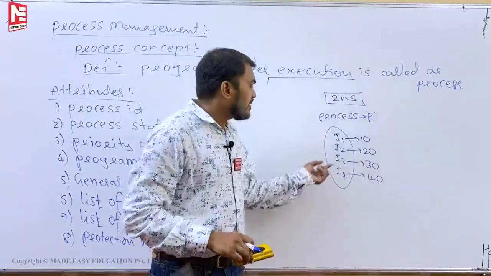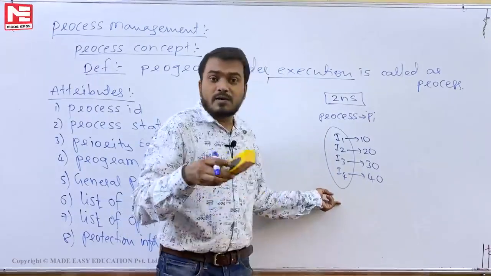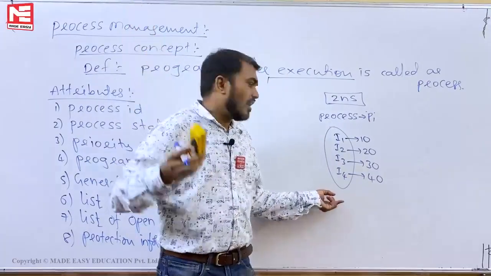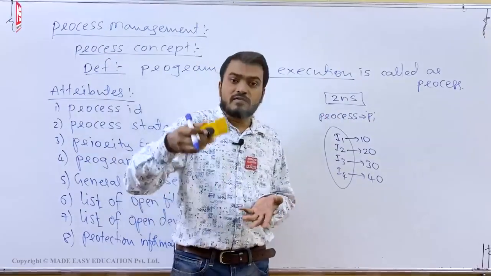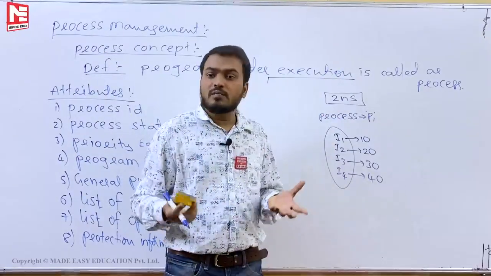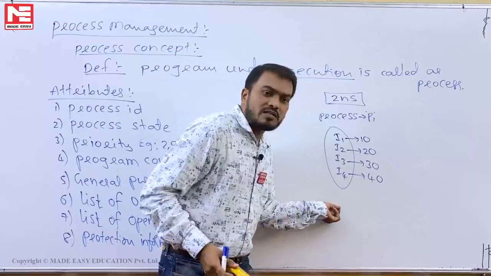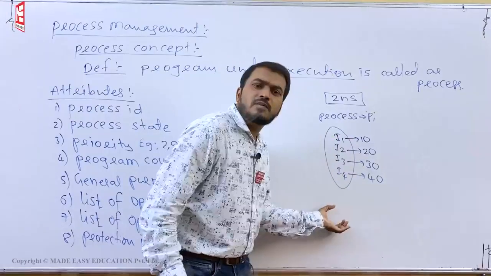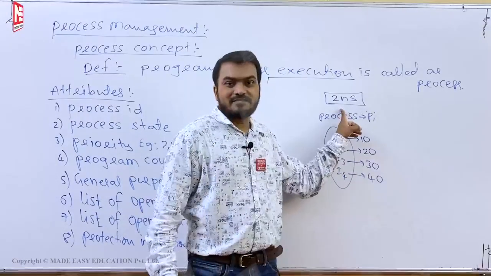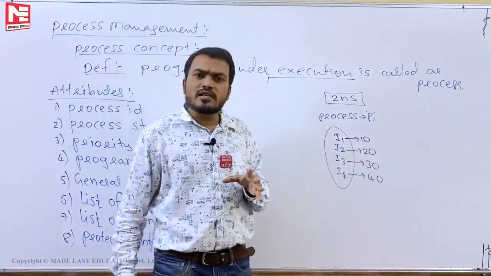Imagine this process may have 4 instructions, or 400 instructions, or 4 lakh instructions, depending on how big your program is and how many lines you write. But how much time are you giving this process? Only 2 nanoseconds, the time quantum.